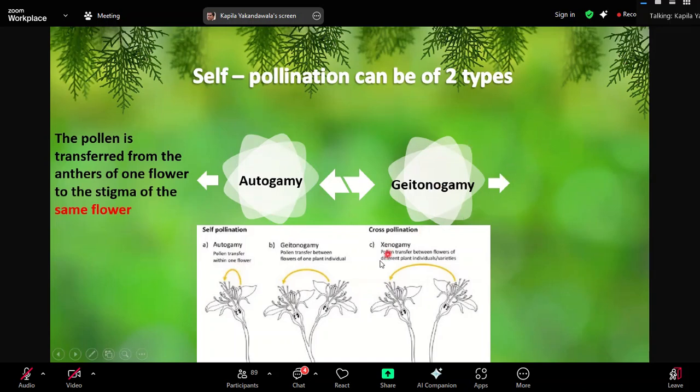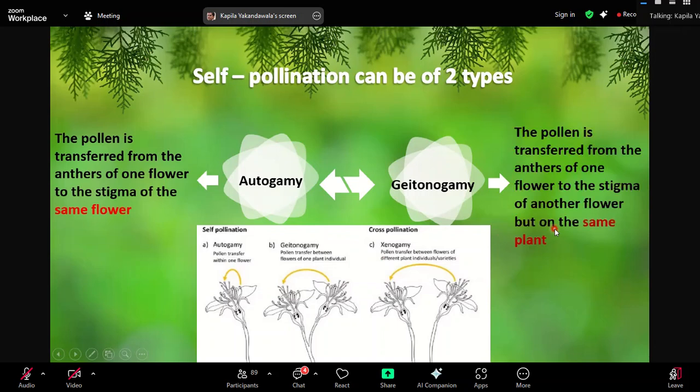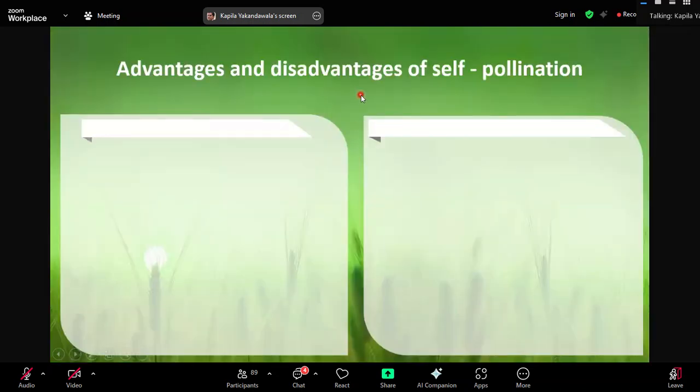It means pollination happens on the same plant, but between two different flowers. The pollen of this flower lands on the stigma of another flower of the same plant. That is geitonogamy. So self-pollination can be of two types, autogamy and geitonogamy. What are the advantages of self-pollination?